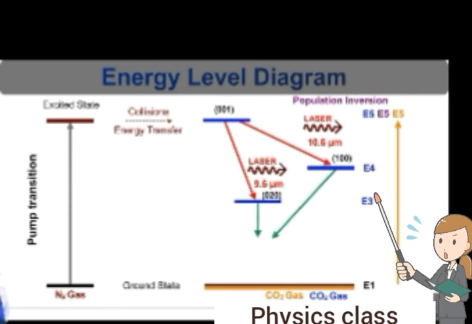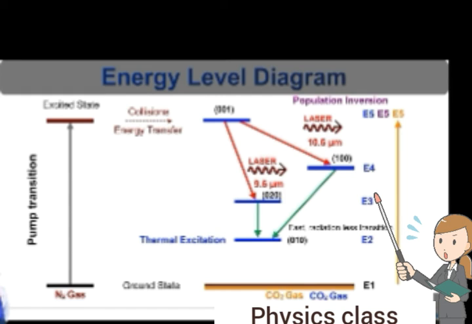E3 and E4 levels are also metastable states, and CO2 molecules at these levels fall to the lower level E2 through inelastic collision with normal or unexcited CO2 molecules. This process leads to accumulation of population at the E2 level.